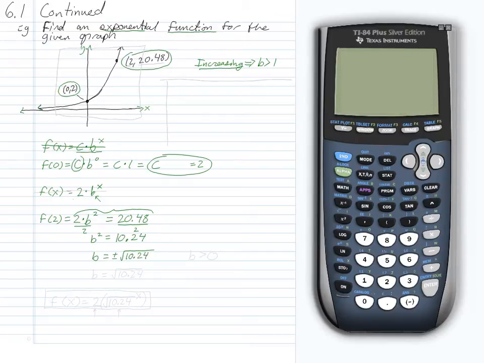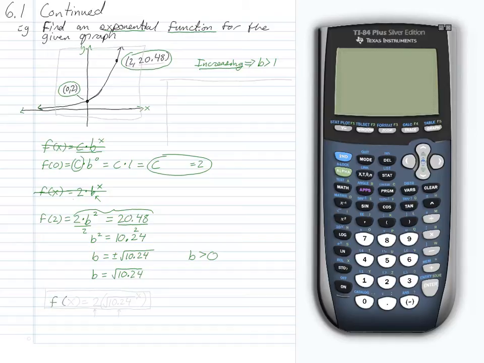Okay, well, b can't be two different things, so which one of these possibilities is correct? Well, the cool thing about exponentials is the base is always positive. So the base can't be negative. Base b must be the positive square root of 10.24. And we can plug that in now. This version of our function is out of date.